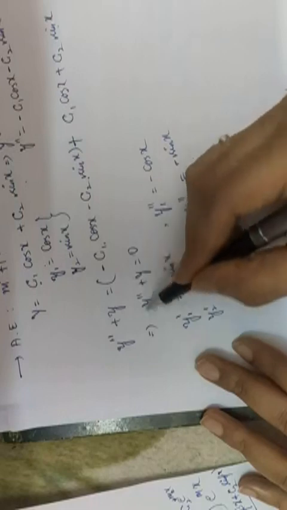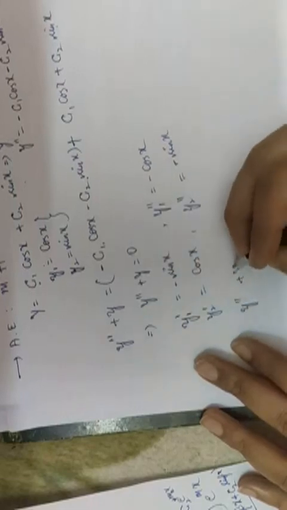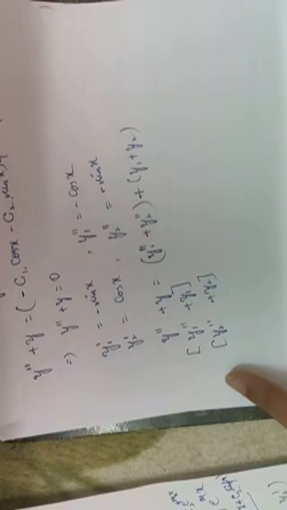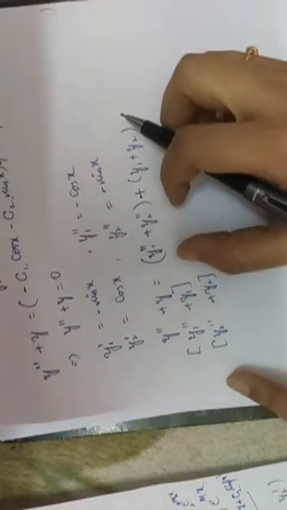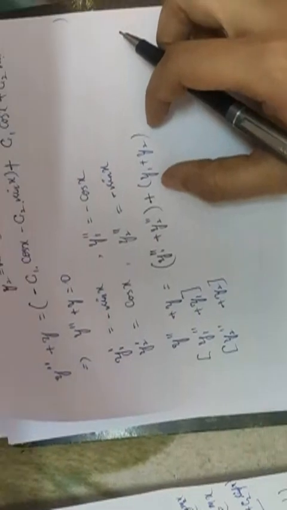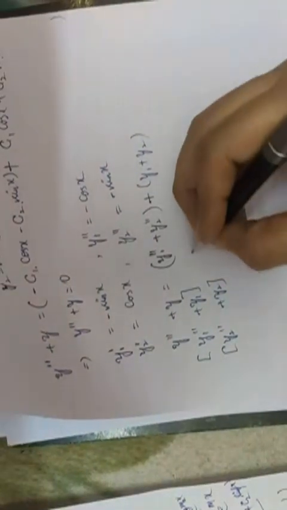So I can write this y double dash plus y as y1 double dash plus y2 double dash plus y1 plus y2, right? So this is nothing but writing y1 double dash plus y1 and y2 double dash plus y2, right? I'm just writing the second order derivative as one term and the zeroth derivative as the other term. That's it. Okay, so substitute all the values.